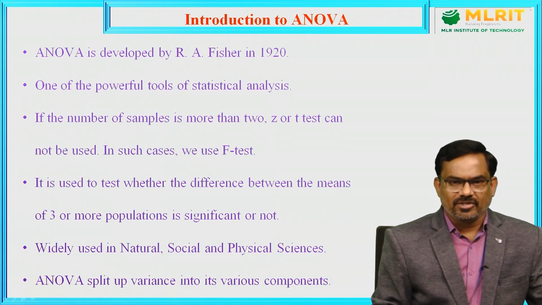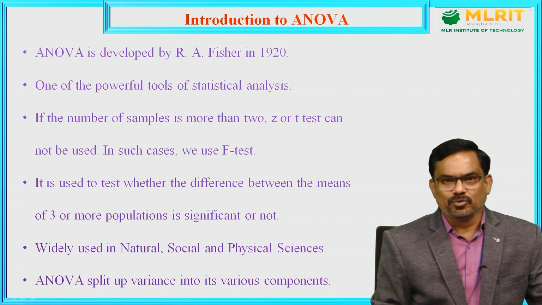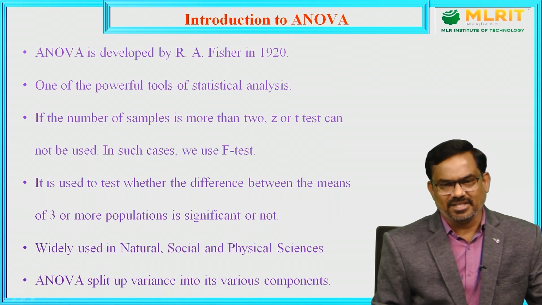Now, coming to the introduction to ANOVA, ANOVA was developed by R.A. Fisher in 1920 and it is one of the powerful tools of statistical analysis. If the number of samples is more than 2, then the Z-test or T-test cannot be used. In such cases, we apply the F-test, which is used to test whether the difference between the means of 3 or more populations is significant or not.